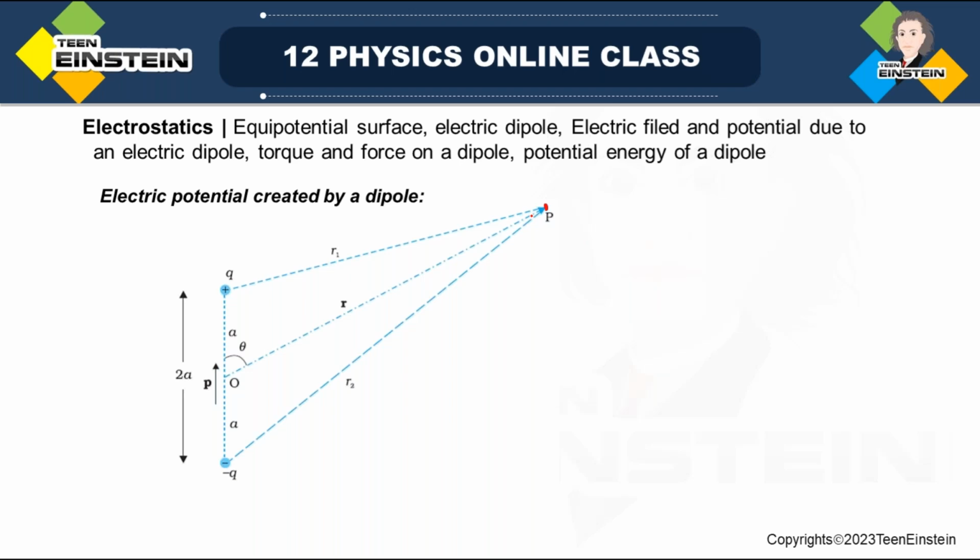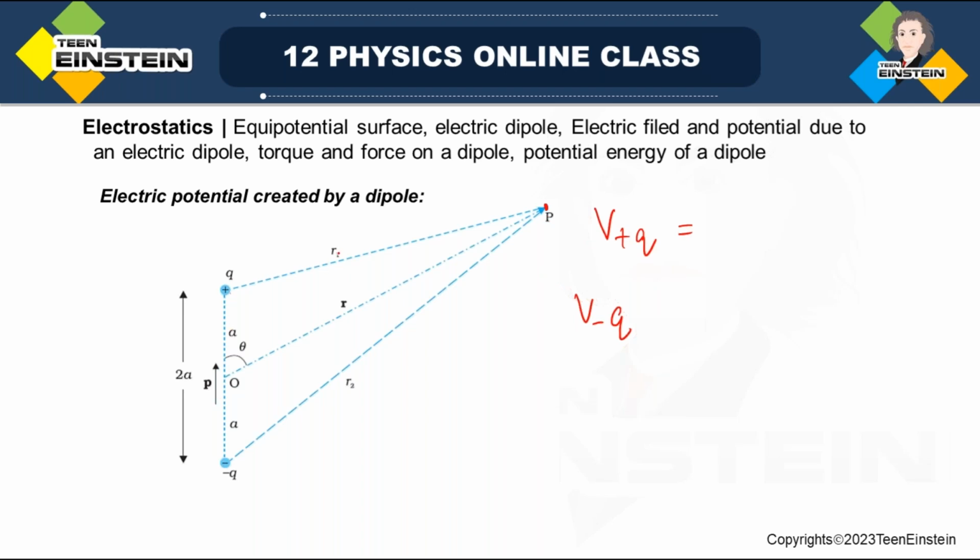What do we know about electric potential? To calculate the electric potential due to this dipole, we need to find out the electric potential for individual charges, V plus Q and V minus Q, at this particular position P. Individually we have to find out. What is this due to plus Q?